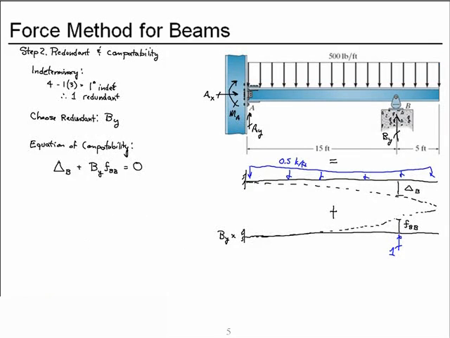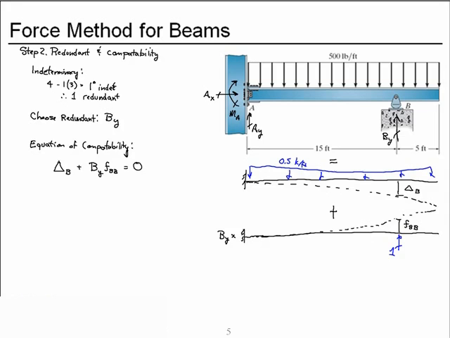To begin the force method, we had to calculate the degree of indeterminacy, in this case first degree, because the degree of indeterminacy is the number of redundants we must identify. We could choose from a variety of redundants. In this case we chose BY because it let us use formulas in the front cover of our textbook to predict all the deflections we needed.